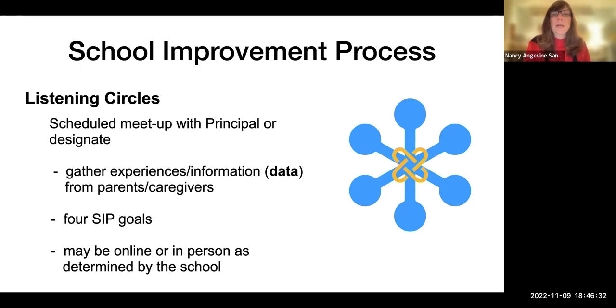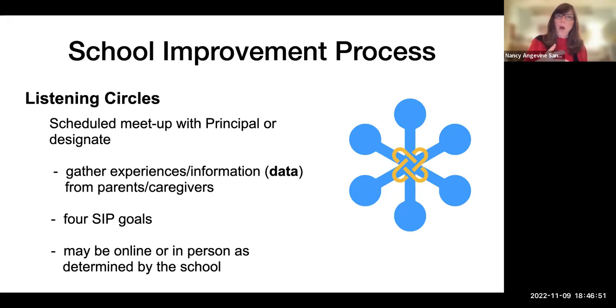And as a school council, you can provide input or suggestions or advice to the principal on what you consider to be perhaps the most advantageous route for doing this if they decide to take listening circles.